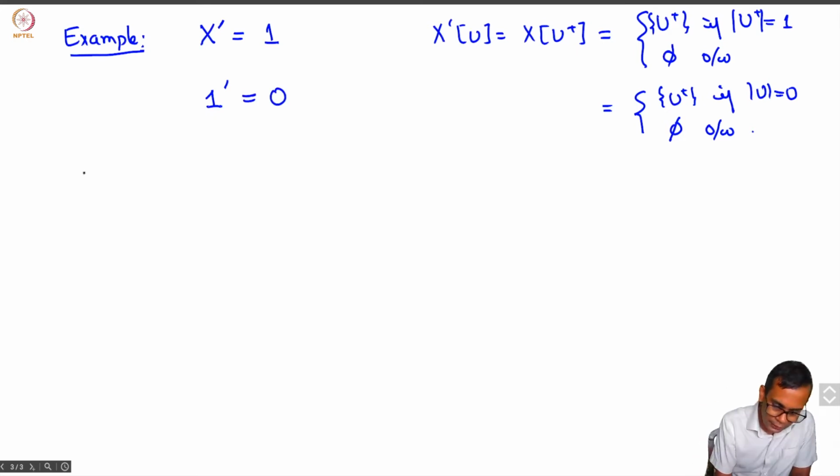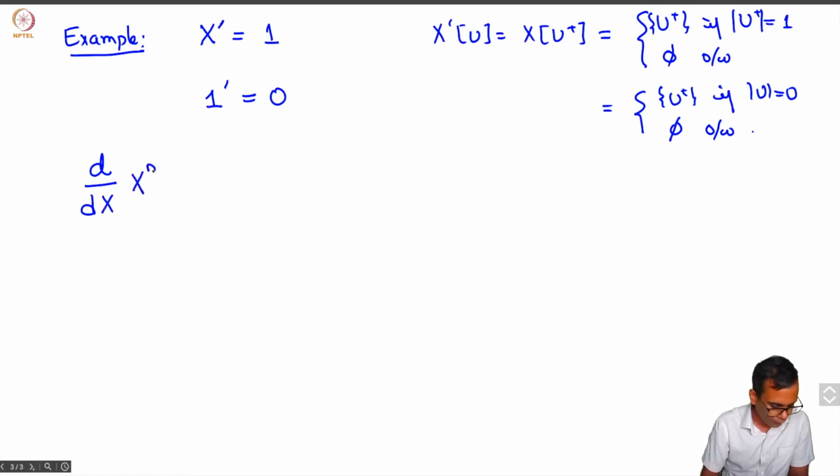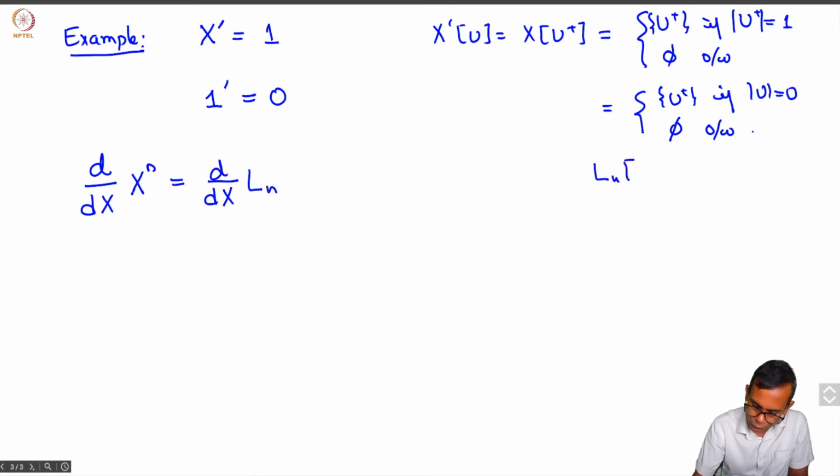What about the derivative of x to the n? Well, it turns out that x to the power n is isomorphic to Ln, where L is the species of linear orders and Ln is just its degree n part. So remember, Ln of u is linear orders on u if the cardinality of u is n and it's empty otherwise.